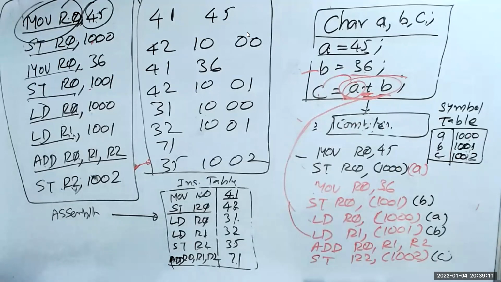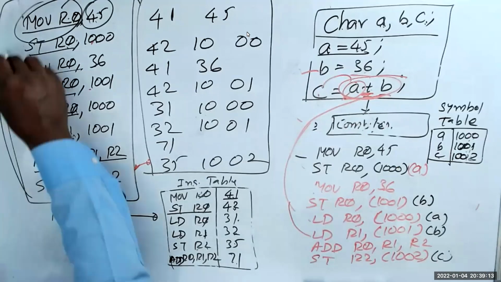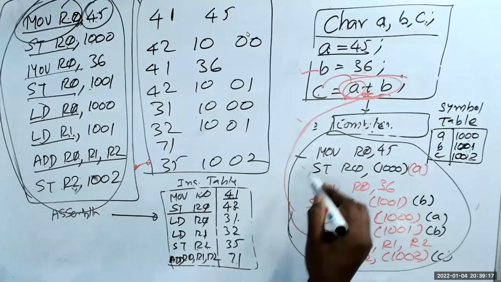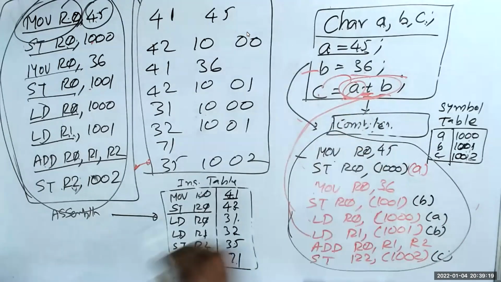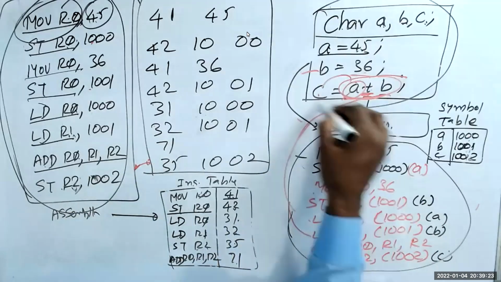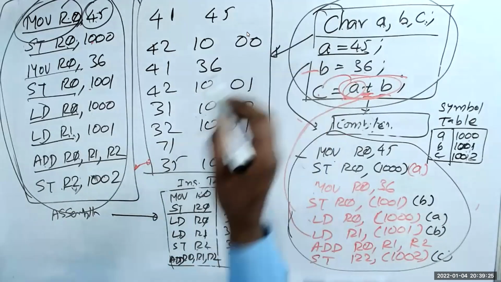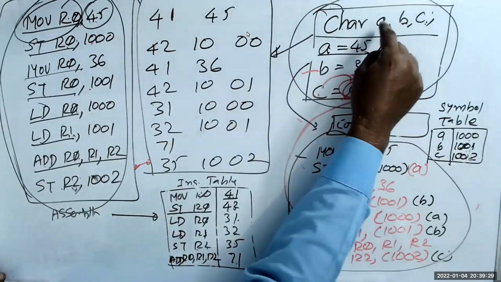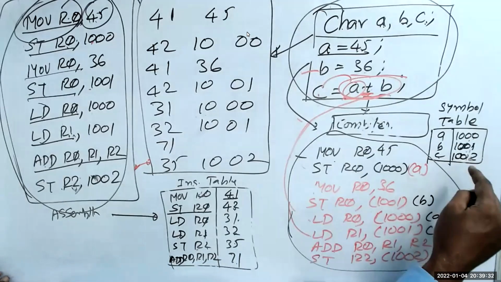What I have written here, this program and this program are the same, which is nothing but using the compiler to compile it. So this machine code is what is generated when you write C code. But for every symbol you create, the compiler creates a memory location.